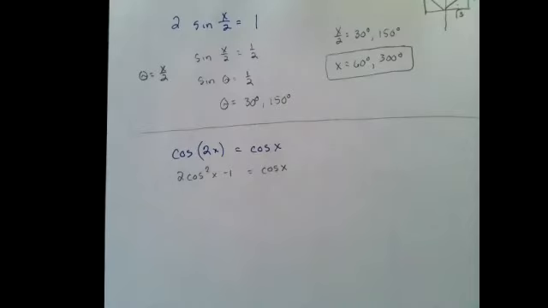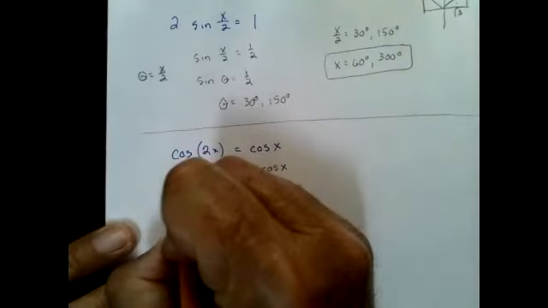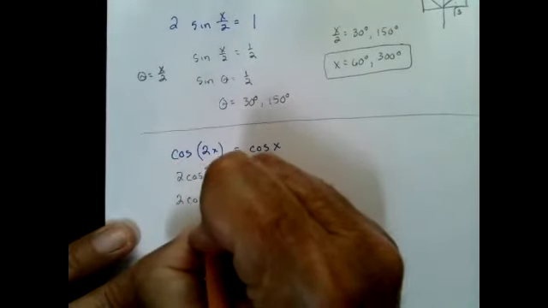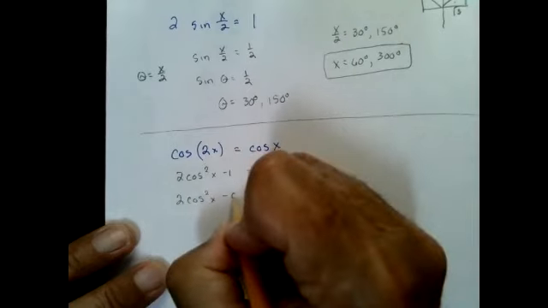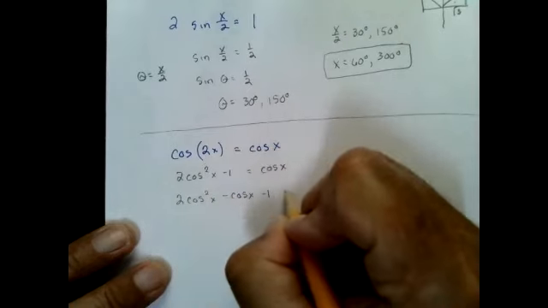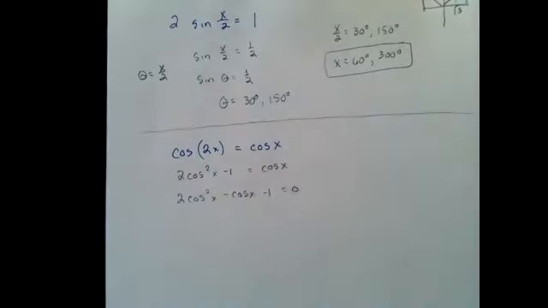I like it. Now all of a sudden I'm seeing the quadratic again. I'm going to go 2 cosine squared of x minus cosine of x minus 1 equals 0.